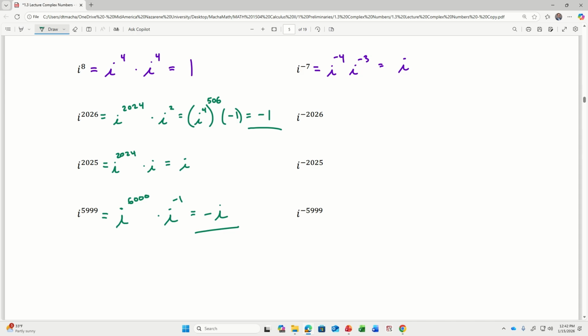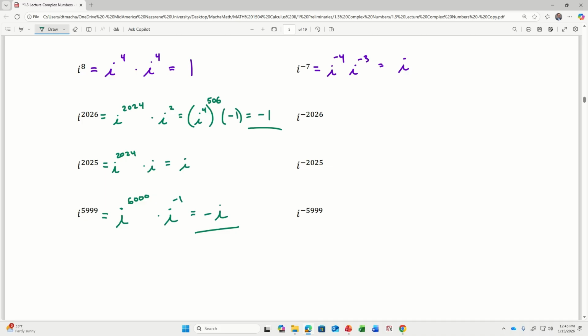Basically, you find the closest multiple of 4. In this case, 6,000 is a close multiple of 4. And then you think, how much do I need to add or subtract from that? If I need to get 1 less than 6,000, i to the negative 1 power is negative i.